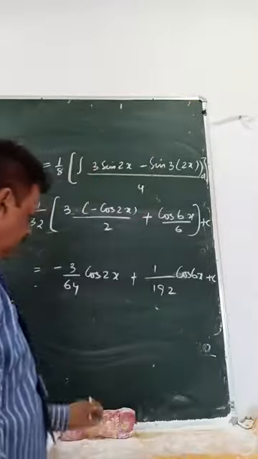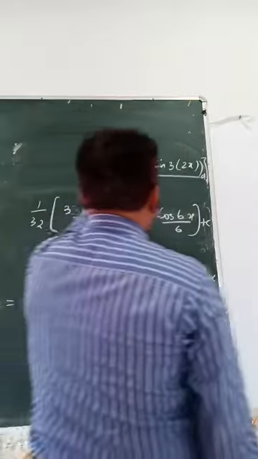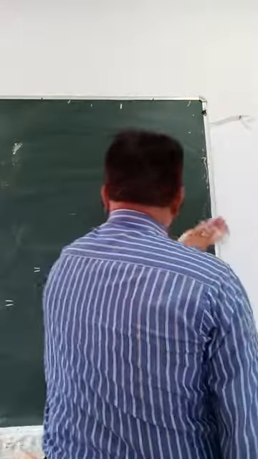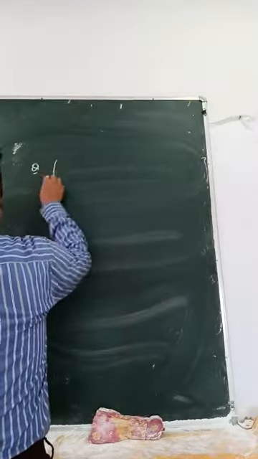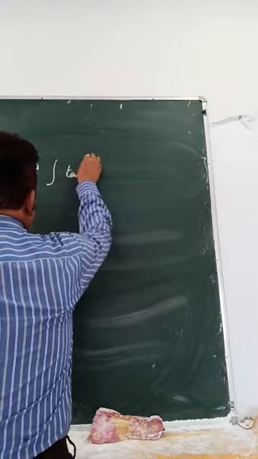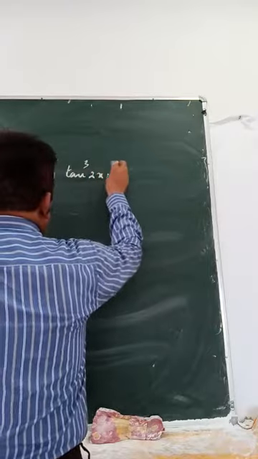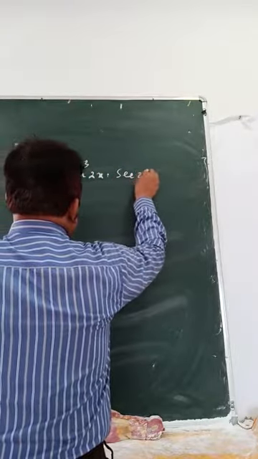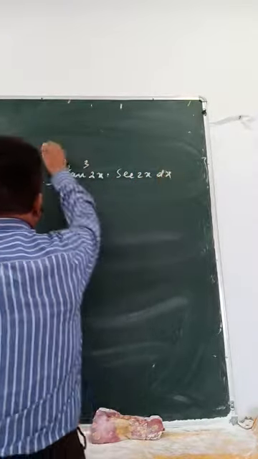See another question. If you get a question tan cube 2x sec 2x dx, this is an important question. How will you do this?